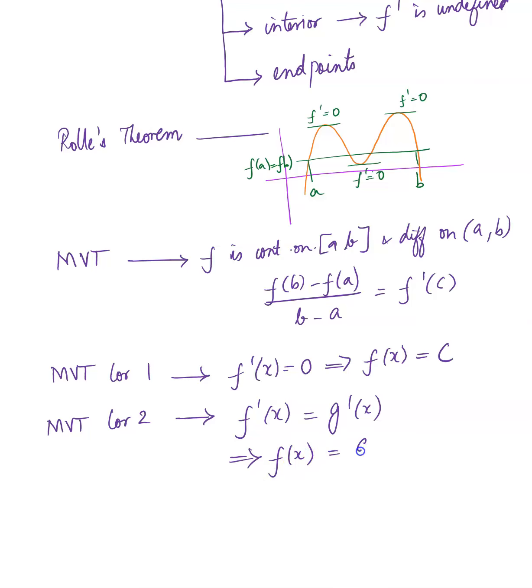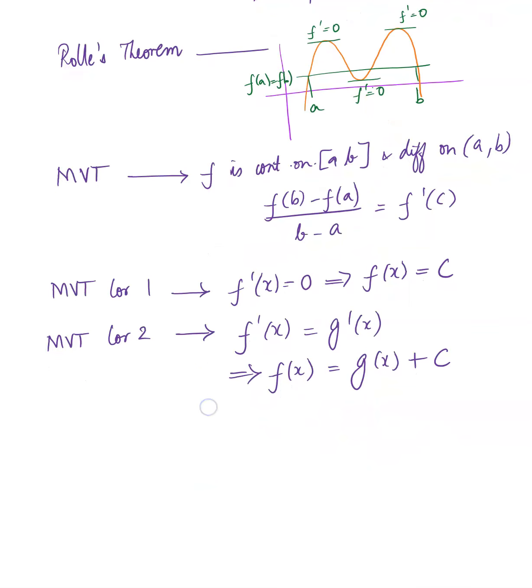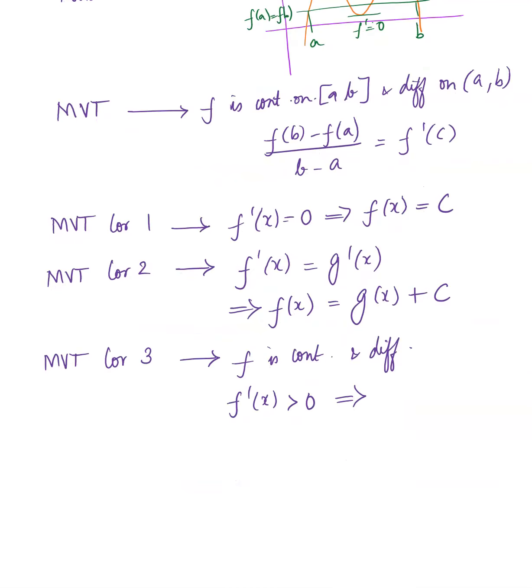So f of x equals g of x plus a constant, so that they are separated from each other. Corollary 3 stated that if f is continuous and differentiable, it was basically your monotonic function, the definition of a monotonic function. Then f is increasing, f is decreasing.